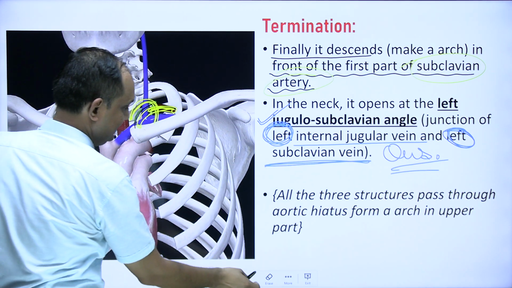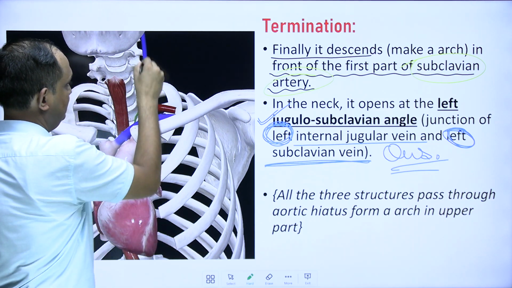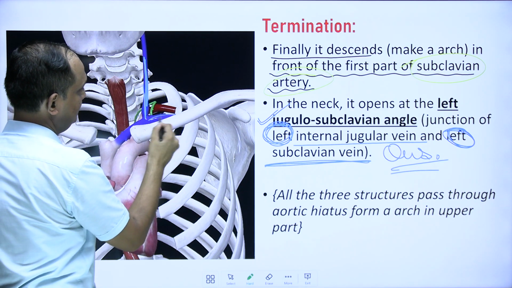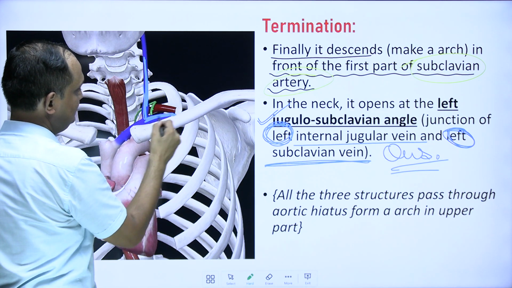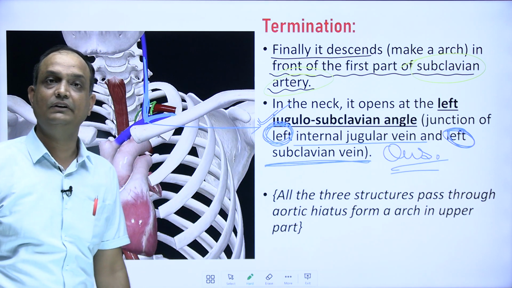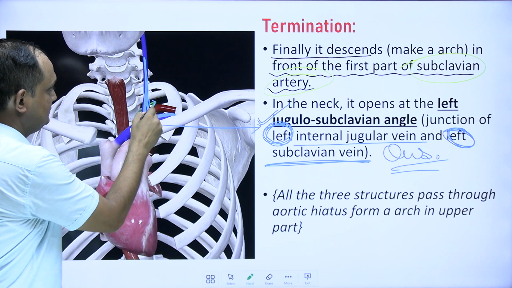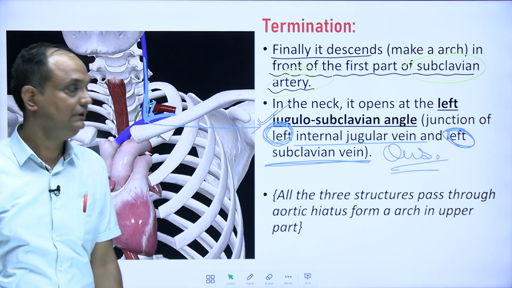Here you can see this is the left internal jugular vein, and here this is the left subclavian vein. So this angle is known as the left jugulo-subclavian angle, and here you can see the termination or opening of this green colored thoracic duct.